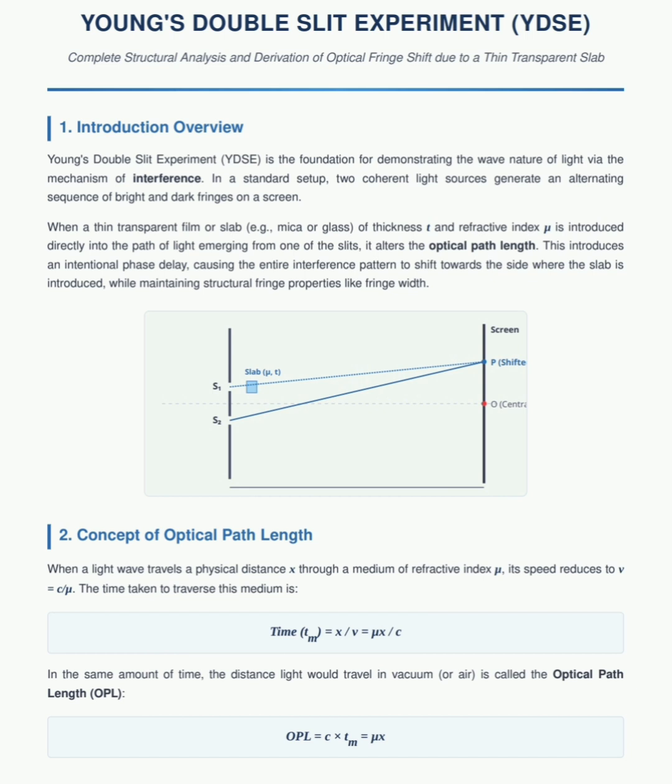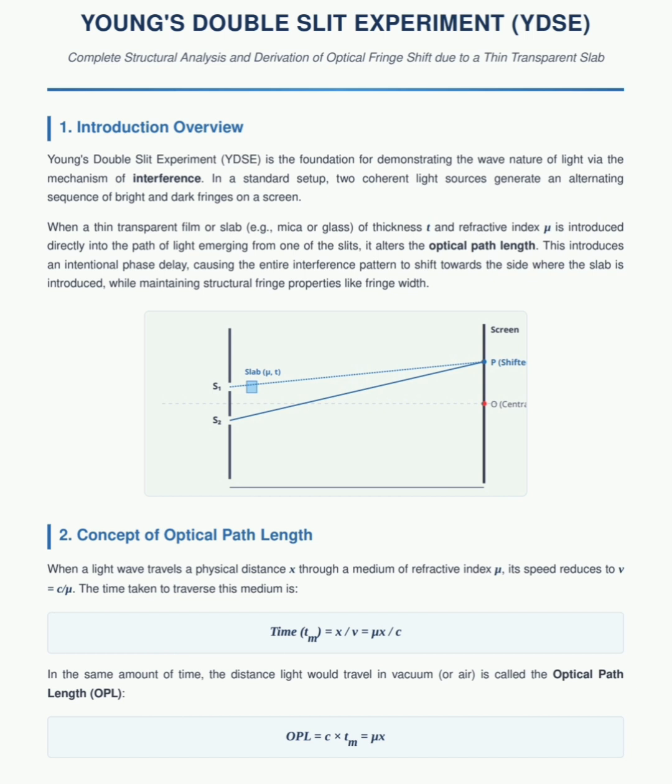Now when we introduce a thin transparent film or slab of mica or glass, with thickness T and refractive index mu, in one of the slits, it alters the optical path length.